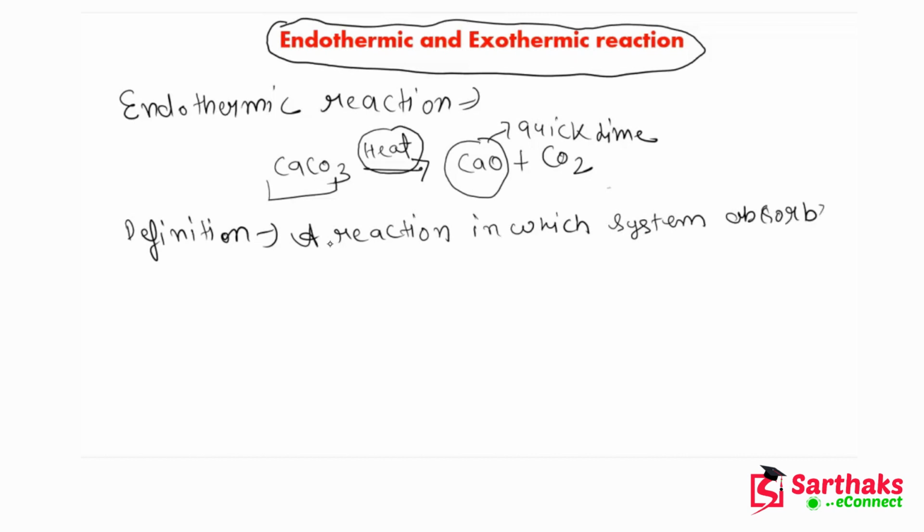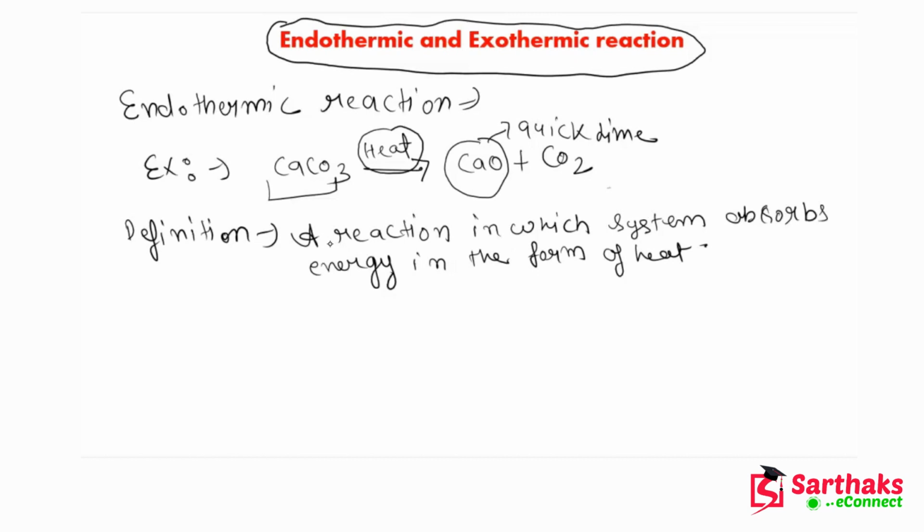Those reactions are known as endothermic reactions. So this is the definition of an endothermic reaction, and this is the example. I hope by this example it is clear to you what an endothermic reaction is.